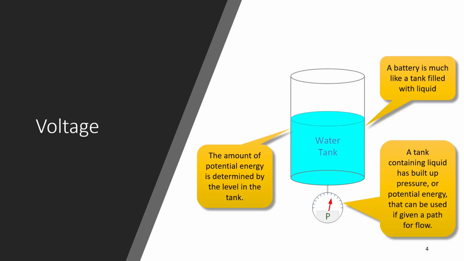And of course, the amount of energy is going to be determined by the level in this tank. So if this level was all the way here at the top of the tank, I would have more pressure here at the bottom than I currently have. It looks like it's maybe a little bit over half. And of course, if I'm down here at the bottom, I'm going to have very little pressure at all.